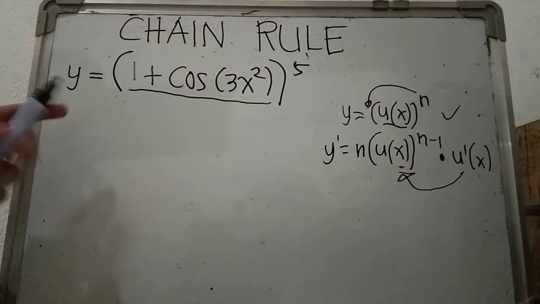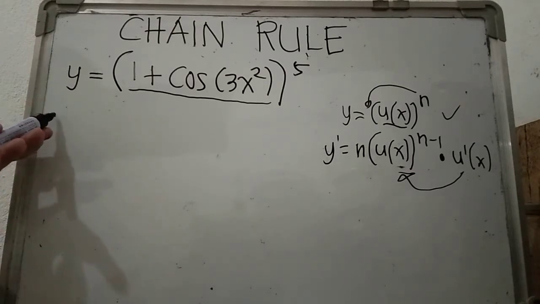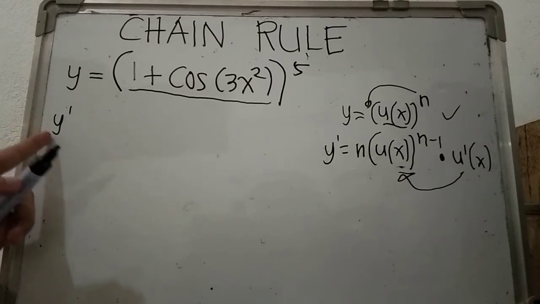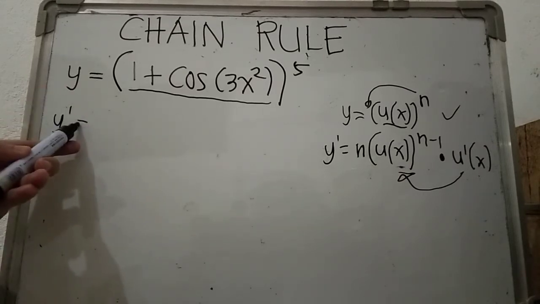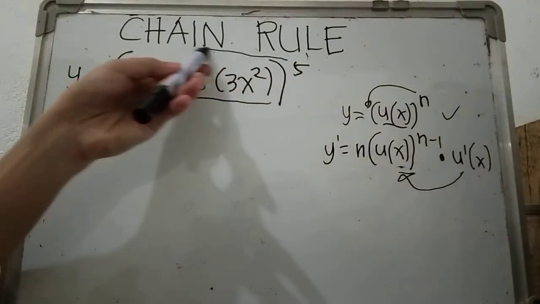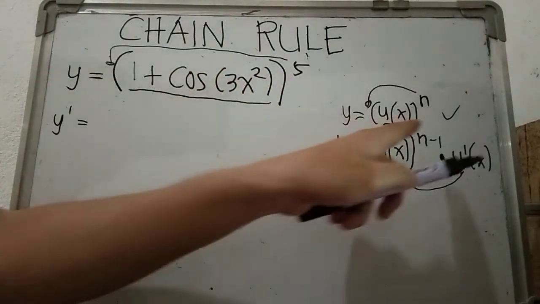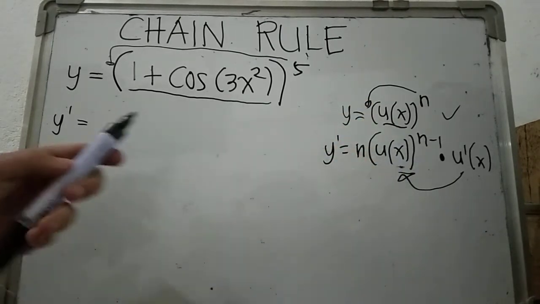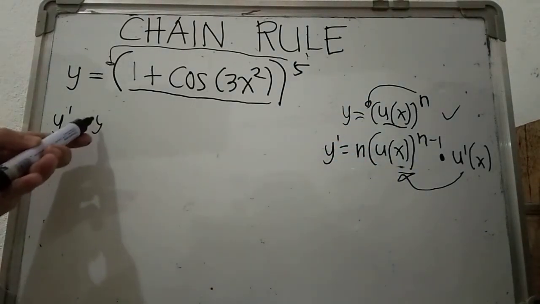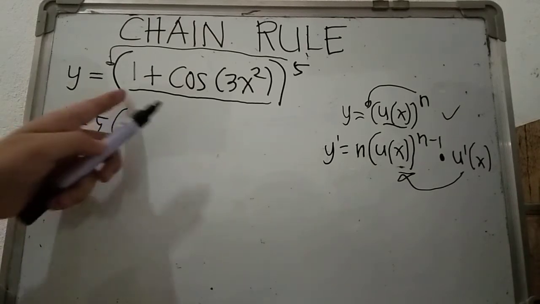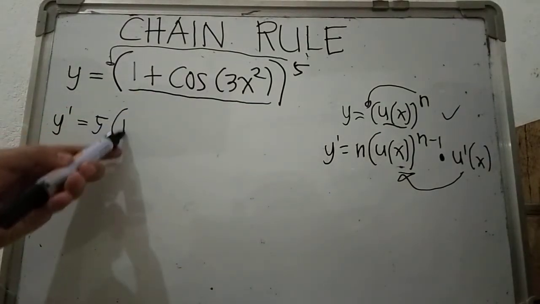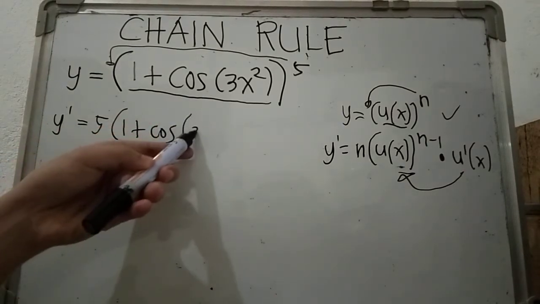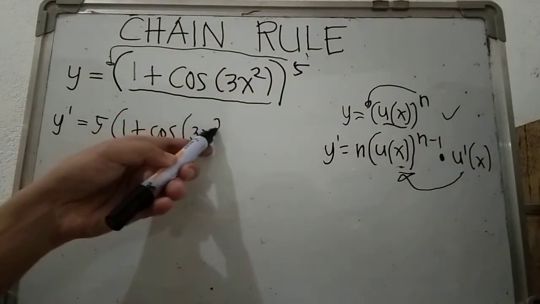Now in finding the derivative of this function, all we have to do is write y prime, or shall I say dy over dx, the derivative of y. Then bring down 5. If you base that on our definition, bring that down. That's why we have here n, which is equal to 5. Then copy the function inside: 1 plus cosine 3x squared.